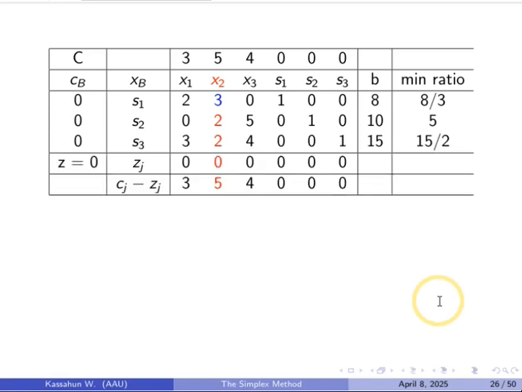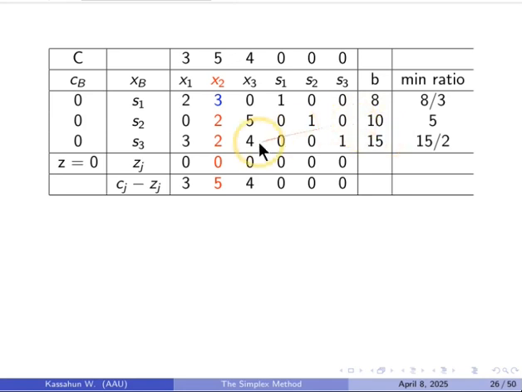Just copy the body of the matrix like this. The cost coefficients are 3, 5, 4, 0, 0, 0, and CB for the basic ones S1, S2, S3. These are the basic variables and the others are non-basic variables. Therefore, when you set the non-basic variables to 0, you get S1, S2, S3 equal to 8, 10, 15. You get a basic initial feasible solution.